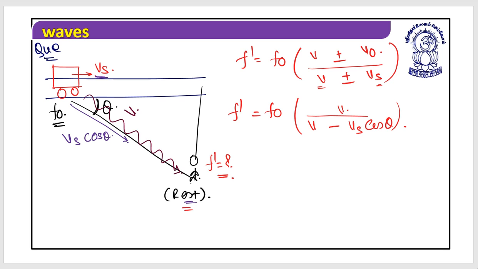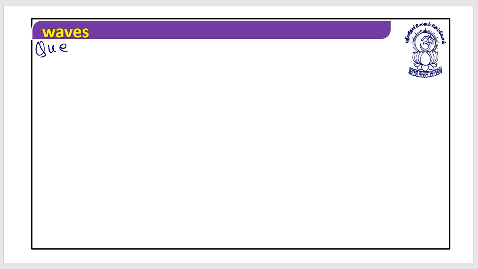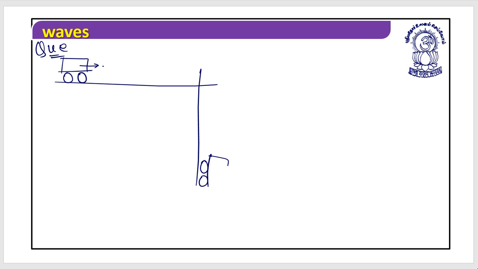Would you like to have one more question? Now with certain little greater complications, let's have a look. This is the crossroads, and one car is moving over here and another car is moving over here. You are sitting over here and you are the observer, and this car is moving with speed v1.